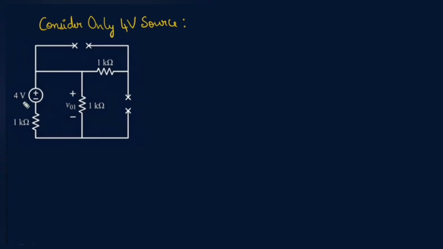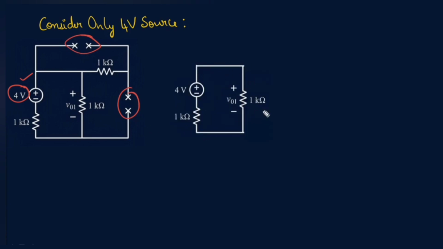Now, consider only the 4-volt source. Deactivate the current sources. The circuit now reduces to two 1 kilo ohm resistors in series across the 4-volt source. Since V0 is across the second resistor, we can use the voltage divider rule.